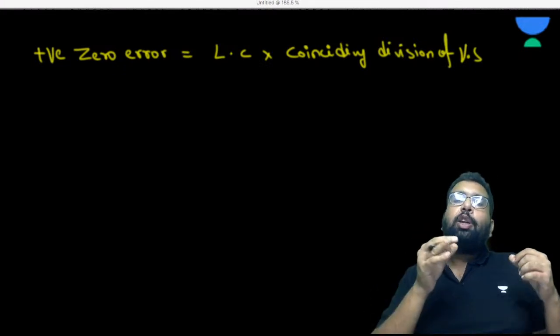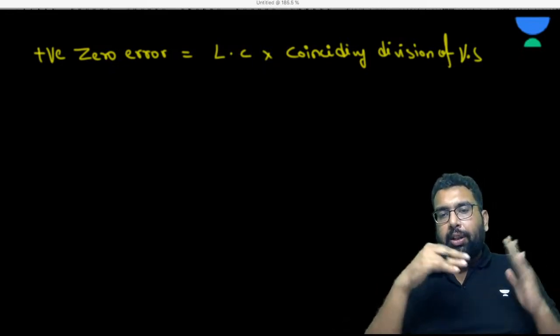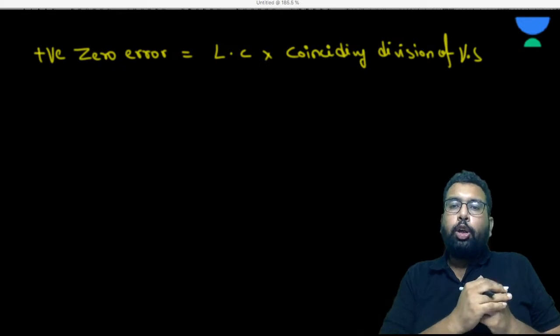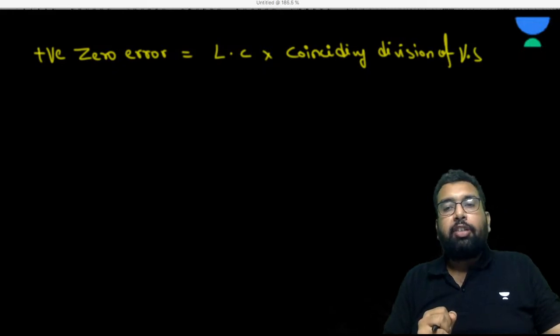So when your vernier caliper is in ideal condition and you see that the zeros are not matching, at that point you see which division is coinciding.